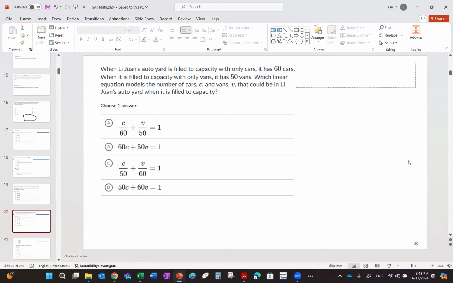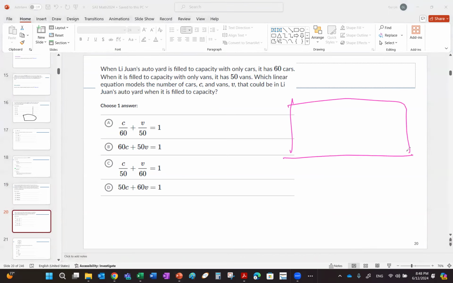When Lijuan's auto yard is filled to capacity with only cars, it has 60 cars. So that's the yard, and you need to draw it. Suppose the yard is this big, it can fit 60 cars. So each car takes 1/60 of the space. Second, when it is filled to capacity with only vans, it has 50 vans.